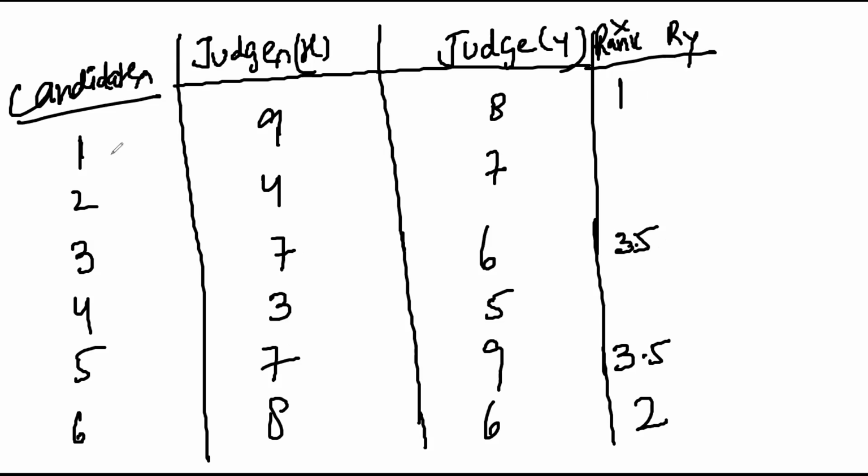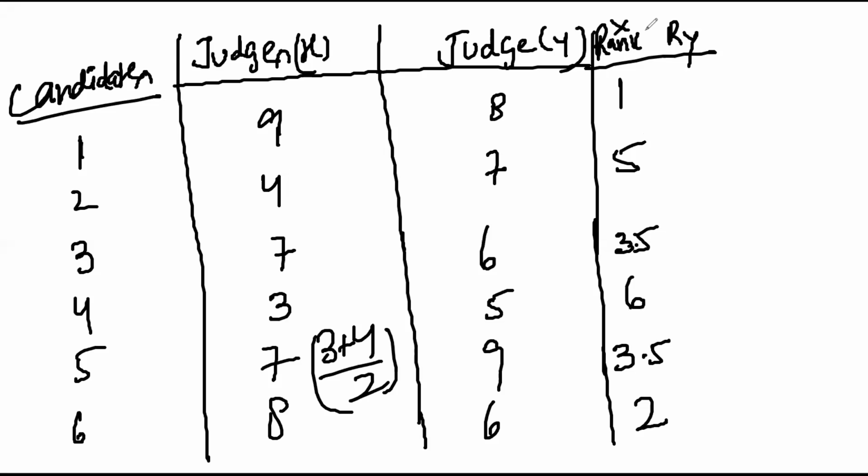First rank goes to this one, second rank goes to this one, and at the third place there are 2 participants, so you have to divide the rank. 3.5 goes to both participants, because they occupy 2 places, 3 and 4. So 3 plus 4 divided by 2 gives 3.5. So 3.5 for both 7s, and then 5 here and 6 here.